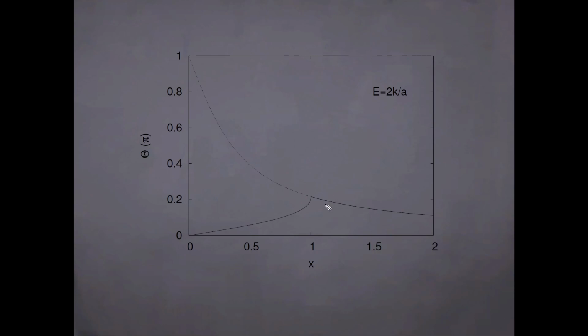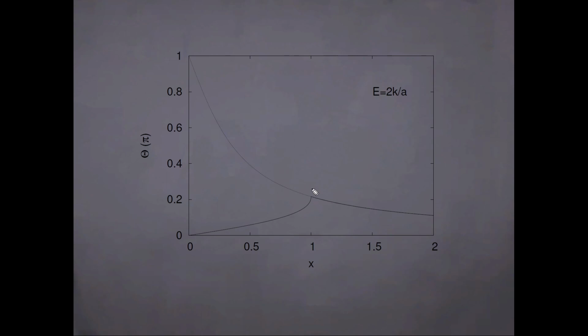Another important point to be made on this figure is that there is a discontinuity in the scattering angle as a function of x when x is equal to 1. So for an impact parameter which would correspond to the periapsis being located on the nuclear surface, namely when evaluating the limit from the left side, the derivative here is infinite.